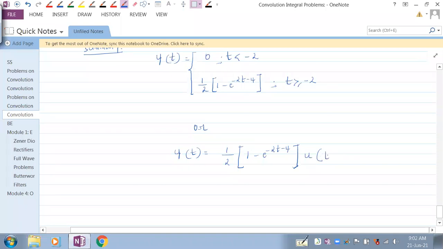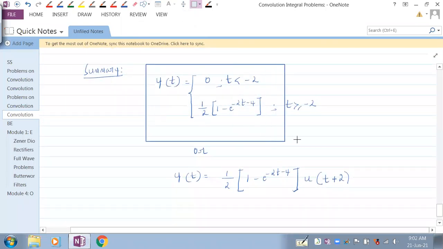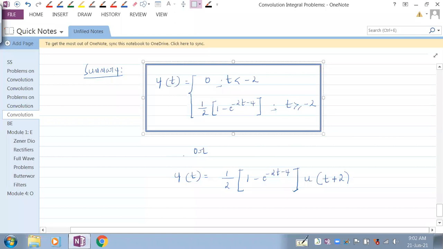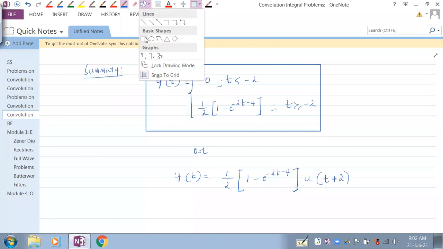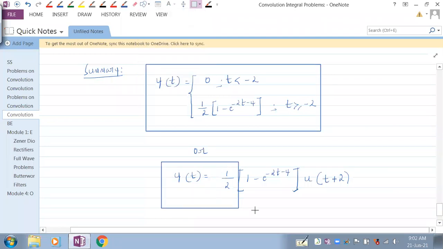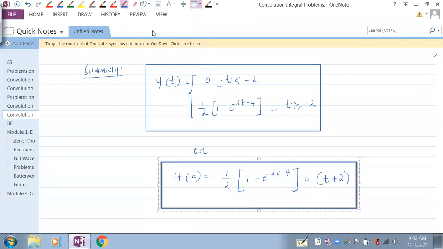So it is u of t plus 2. So this is one thing, and the same signal can be expressed in this form also. So this is the summary of the result we have.